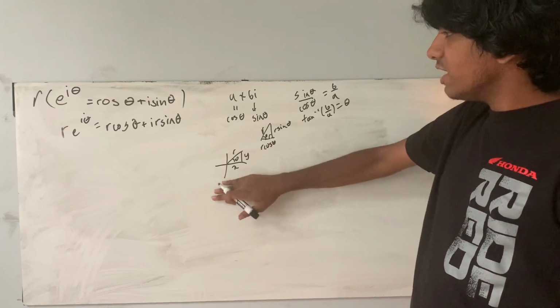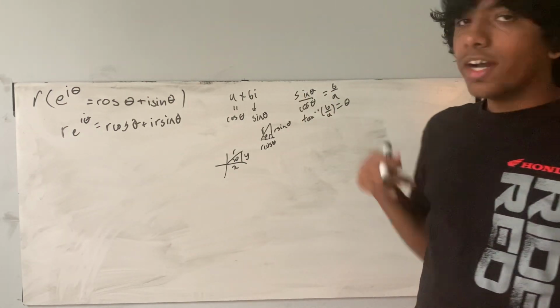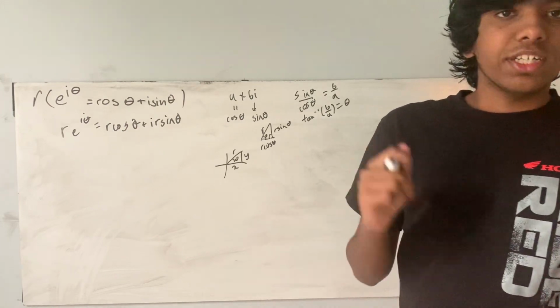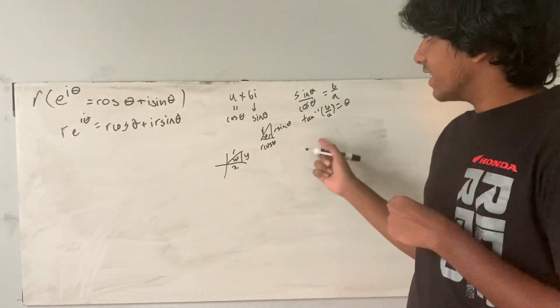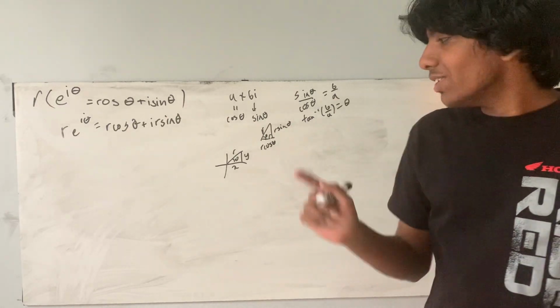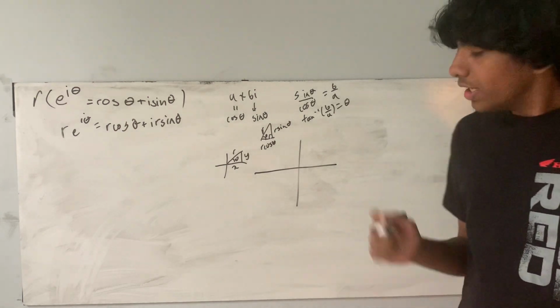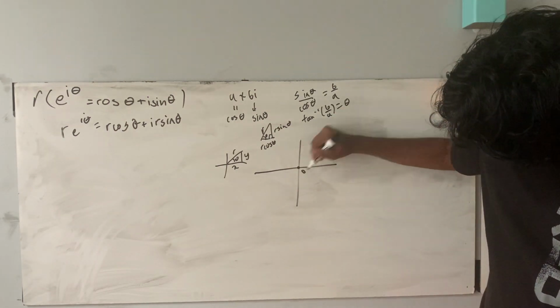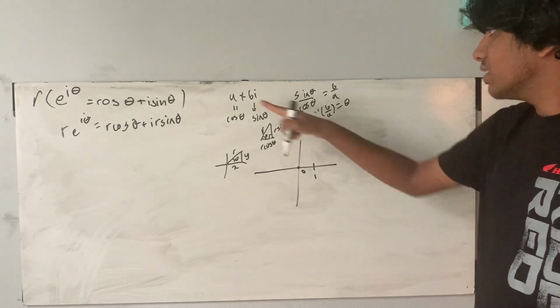So since this is reminding me of something, maybe I can form a similar Cartesian plane, but different, using a and b as a form of x and y. Let's do that. With 0 over here, 1, right? Because this is 0.